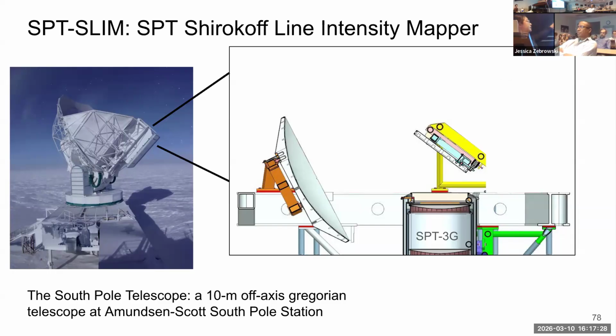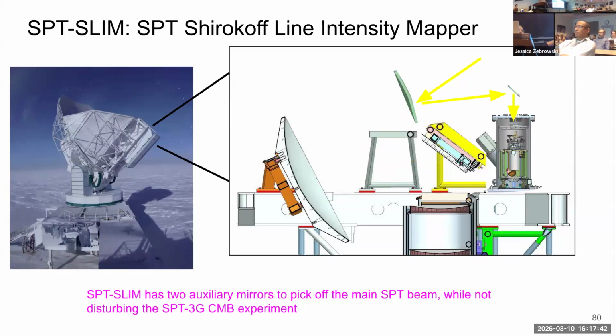So if you can imagine the big 10-meter dish off to the right, usually what happens is light comes in, hits the secondary, hits the tertiary, and then goes into the SPT-3G cryostat. And for one summer, the good folks at SPT let us put in the SPT-SLIM experiment to use the resolution of the big dish, but put in our little baby cryostat and our 2 other optics, picking off the main SPT beam while not disturbing the SPT-3G experiment.